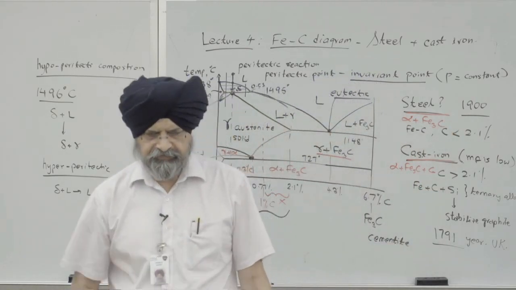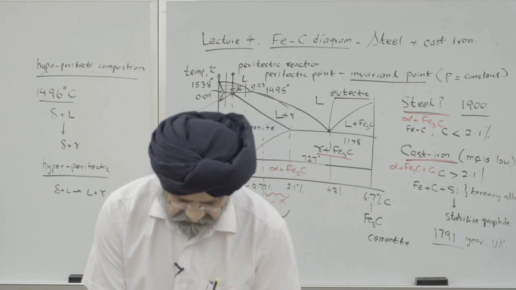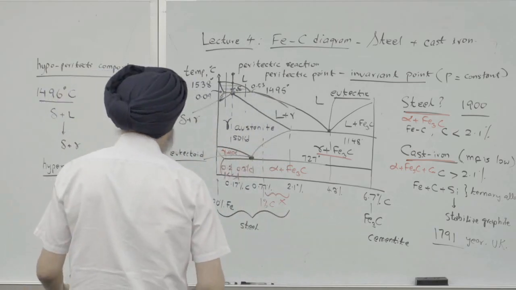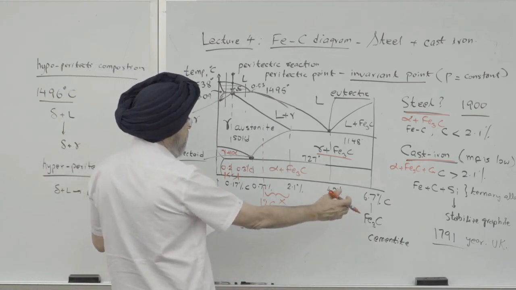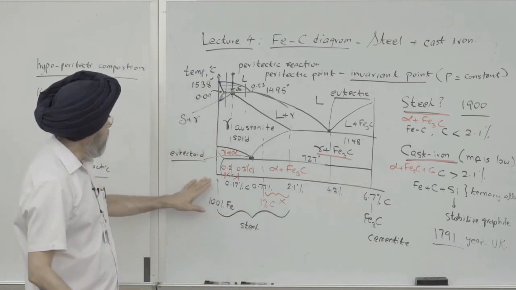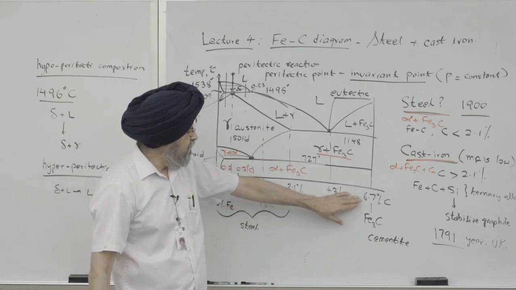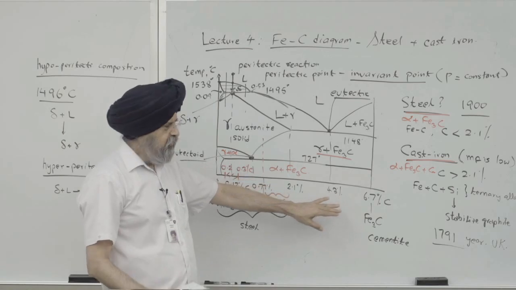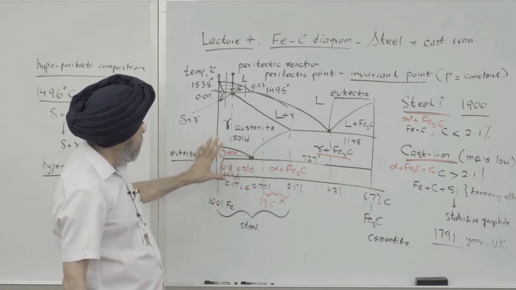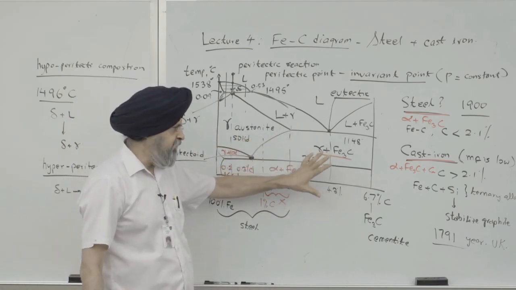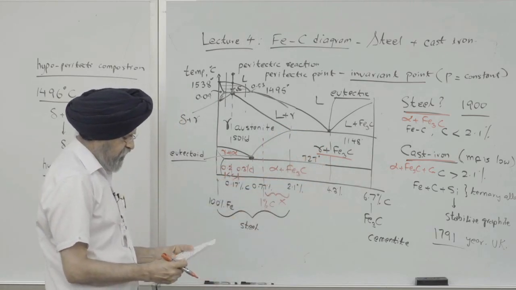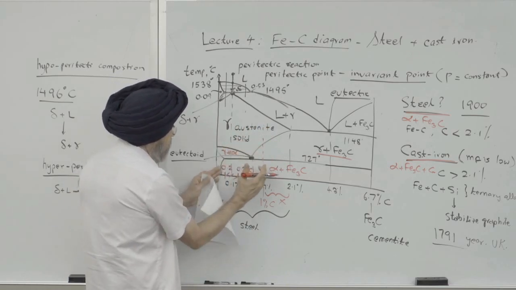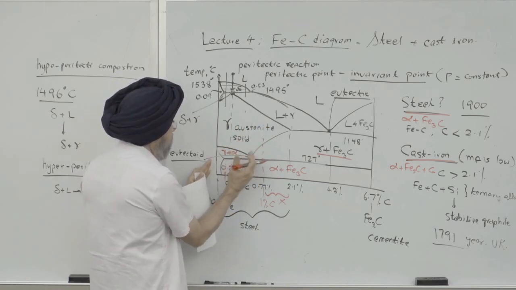Okay. So just to reemphasize, we are only dealing with a very partial phase diagram for iron and carbon, and we only go up to 6.7% carbon. And I just want to also say this is an equilibrium phase diagram. Since we are talking about steel today, we'll concentrate in this composition region, right over here.